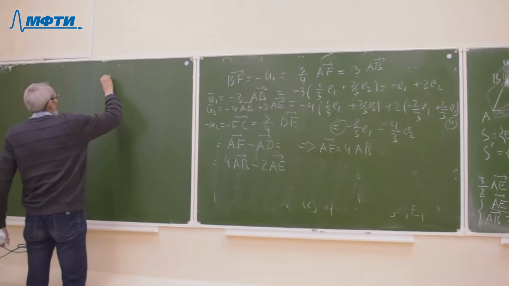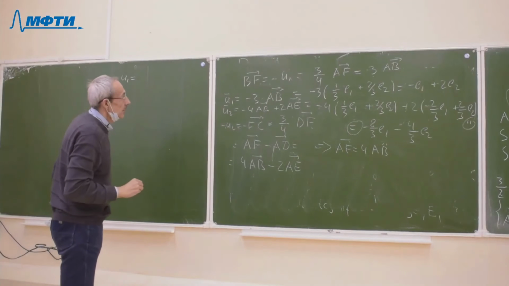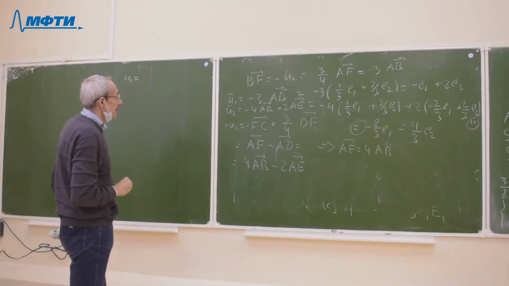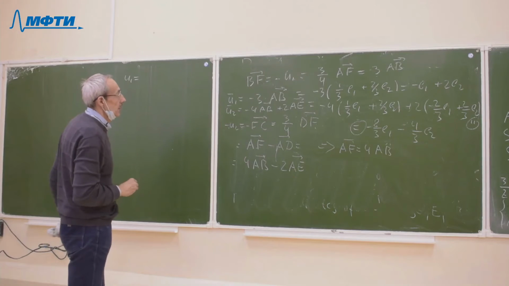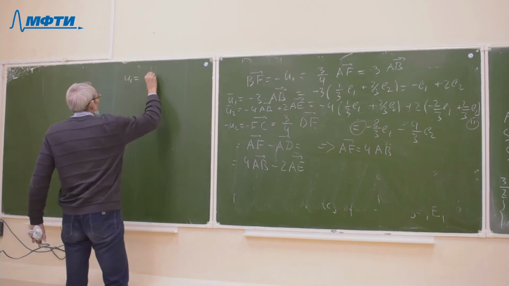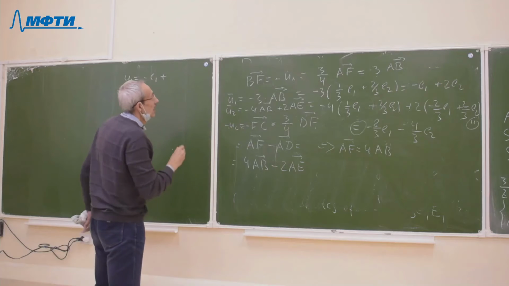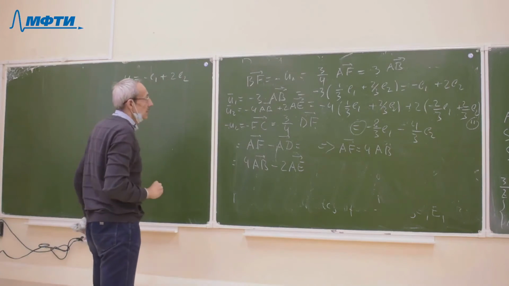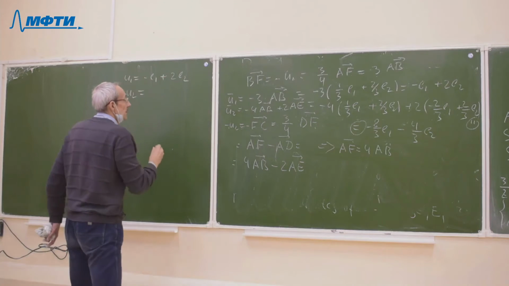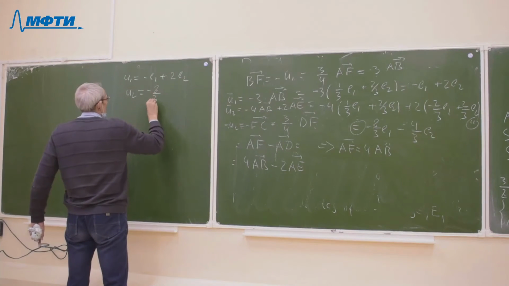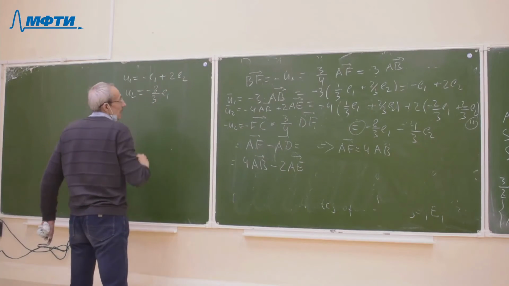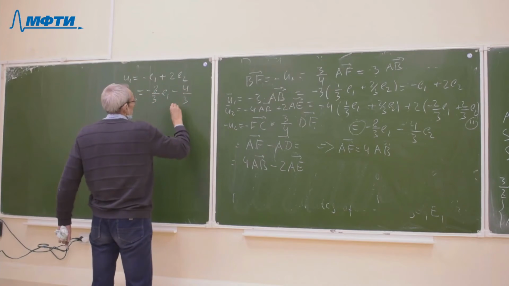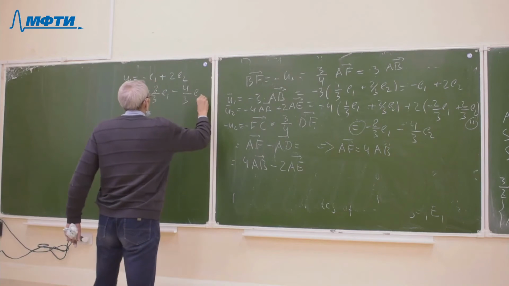And we obtain the following relation between two bases. The first vector U1 is equal to minus E1 plus 2E2. U2 is equal to minus 8/3 E1 minus 4/3 E2.